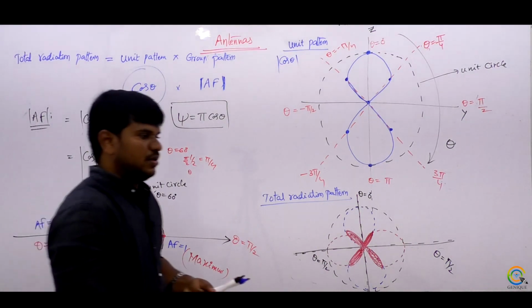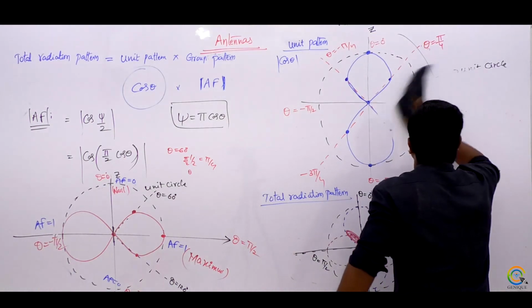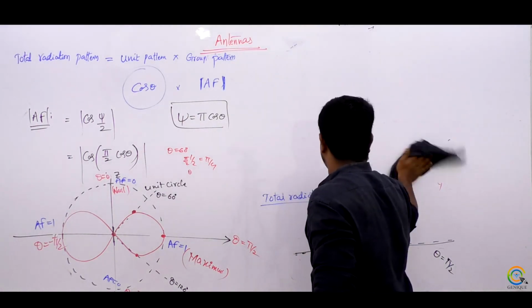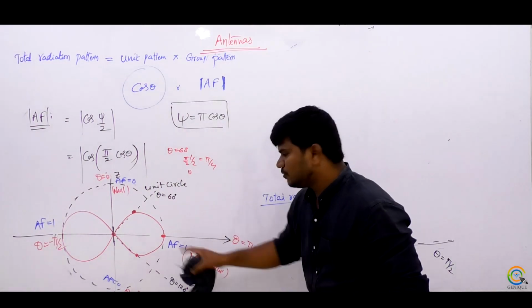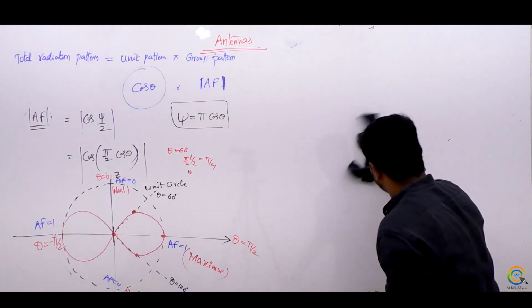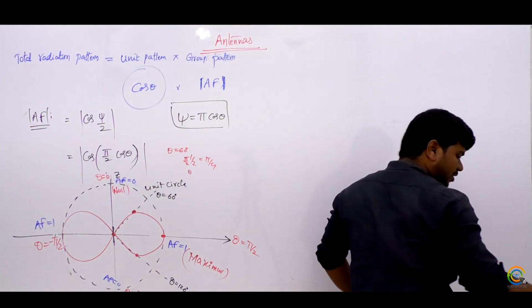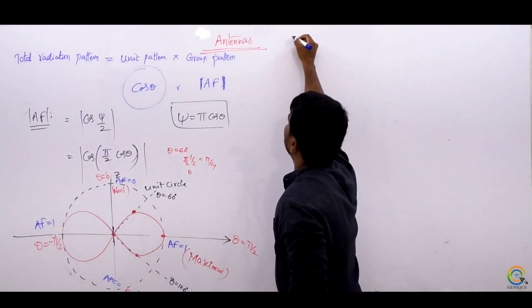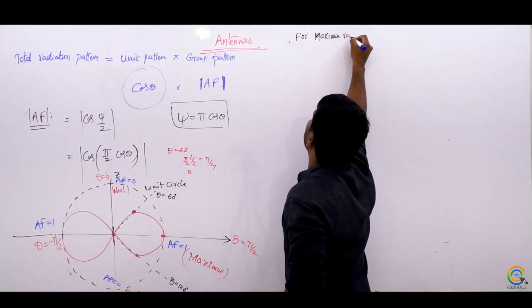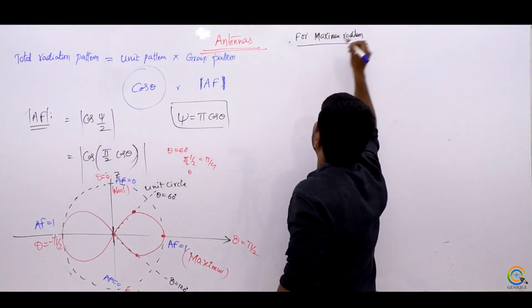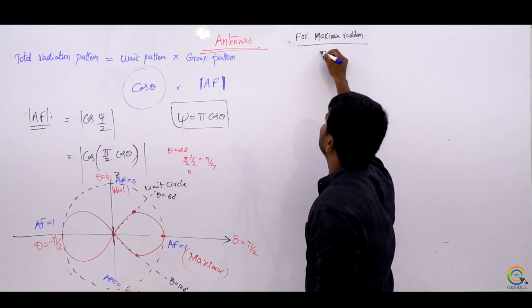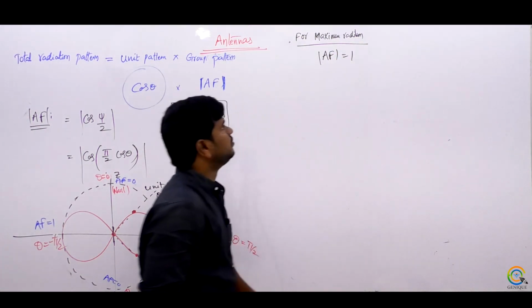Suppose you want to find the half power beamwidth and the first null beamwidth. For maximum radiation, AF must be 1.